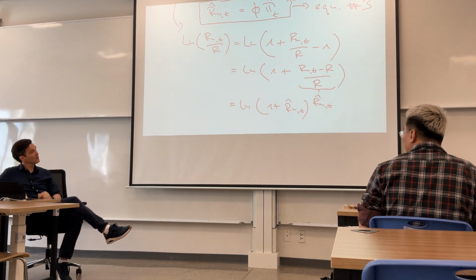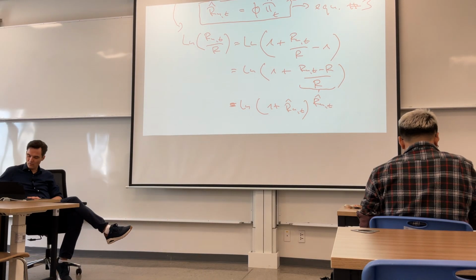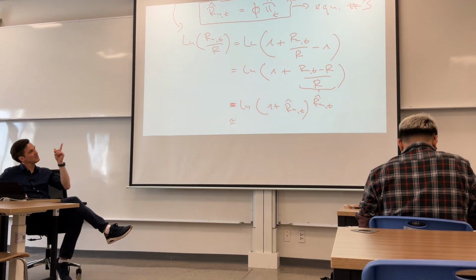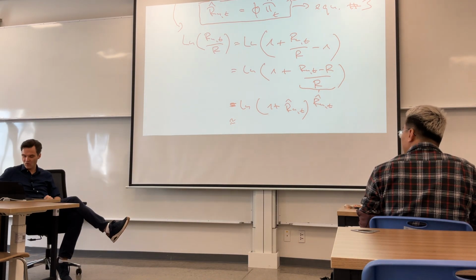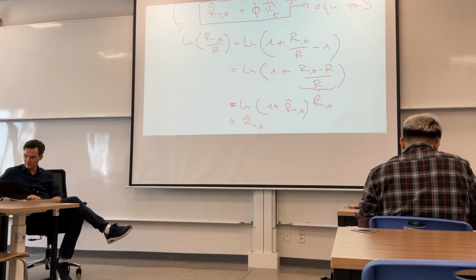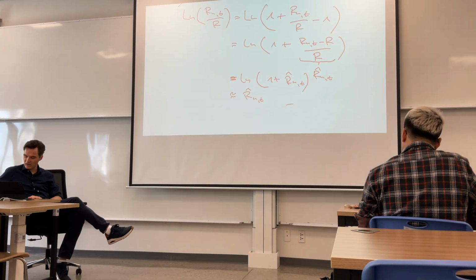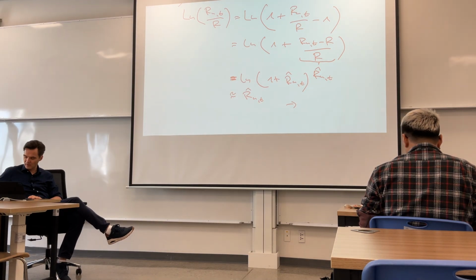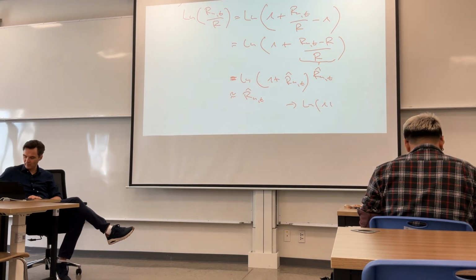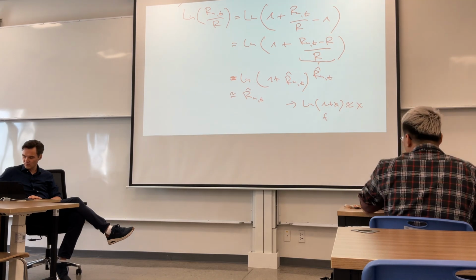And there's one more step necessary. Can somebody help me here? It's approximately... Exactly. For small R_{n,t} hat, it is approximately equal to R_{n,t} hat. This goes back to a law of logarithms: the logarithm of 1 plus x is approximately x for small x.